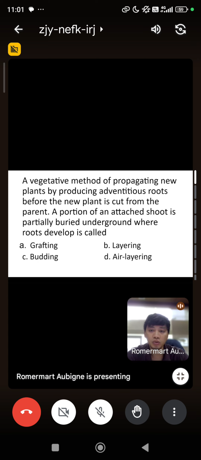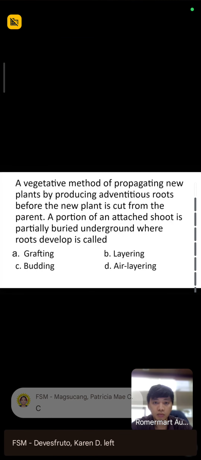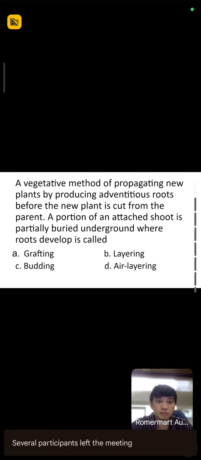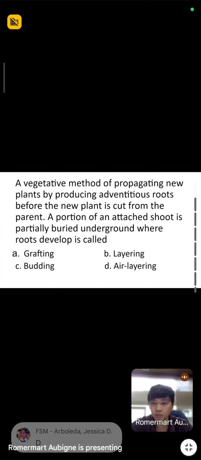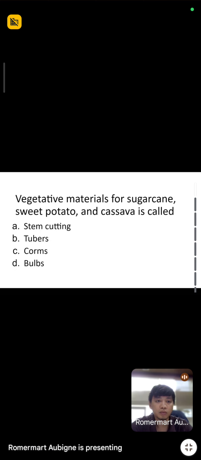The portion of the attached shoot is partially buried underground where roots develop is called, ano mga sagot natin? We call it layering.